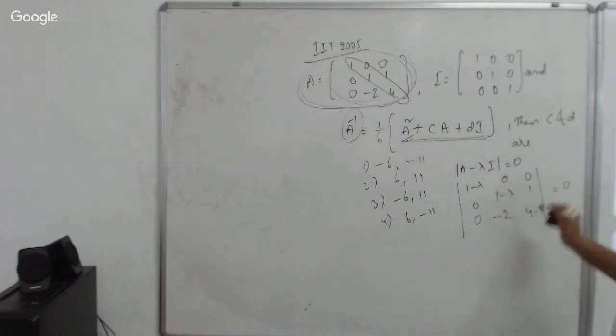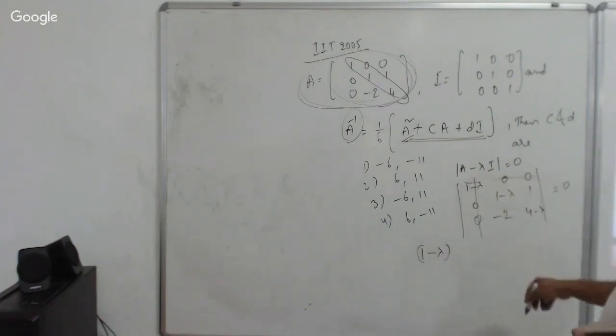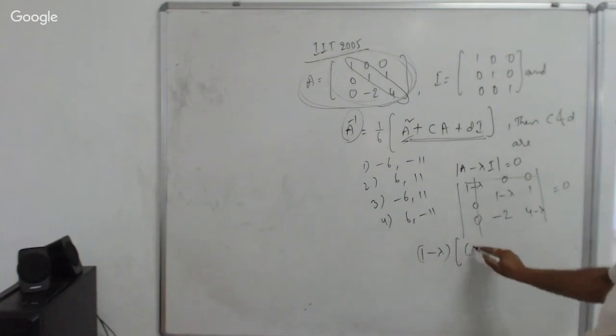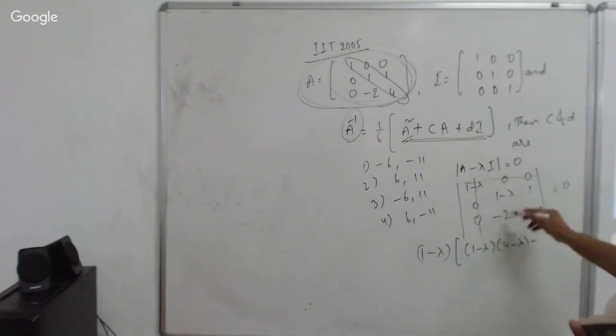Now by expanding this, we are getting 1 minus lambda into this into this, minus 1 minus lambda into 4 minus lambda, minus, it is minus means plus 2, equal to 0.